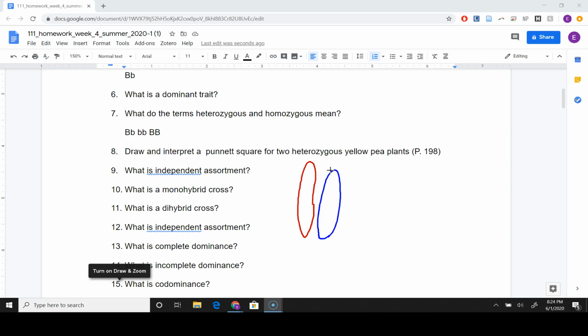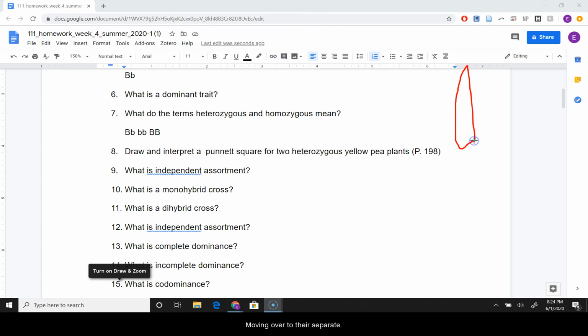So this could just as easily be flipped around, where the blue one is going to wind up on the left, and the red one is going to wind up on the right. And then, once those things move over to their separate gametes, you can have a gamete that looks like this, maybe.